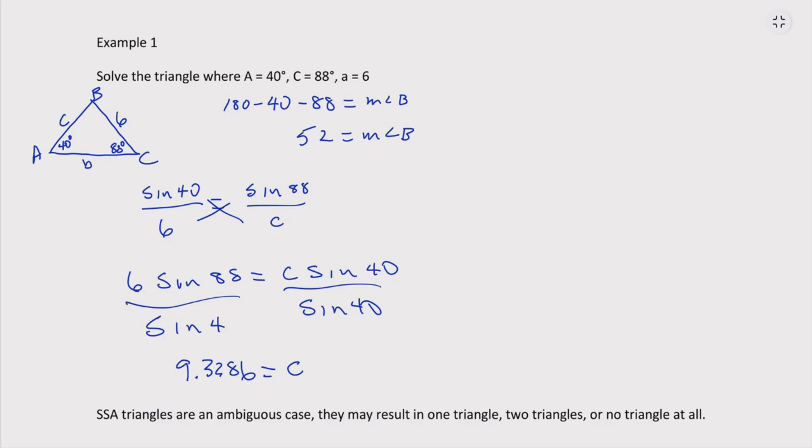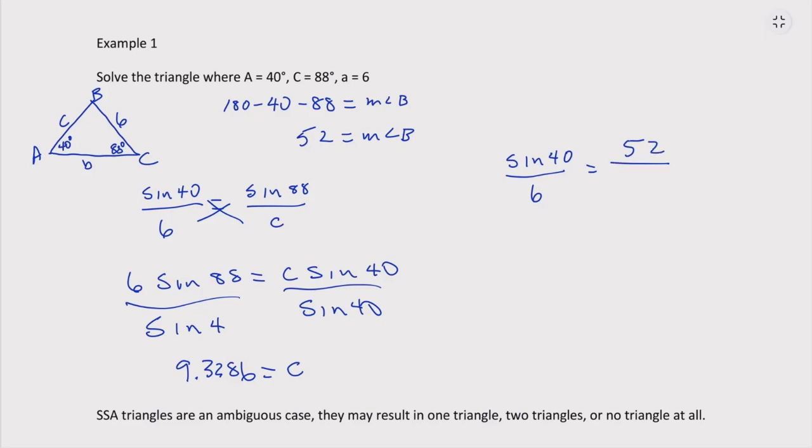Now we need to find side b. So I'm going to use sine A over a again. So sine of 40 over 6. And we found B to be 52. So we do the sine of 52 over b. So cross multiply. And we get b times the sine of 40 equals 6 times the sine of 52.